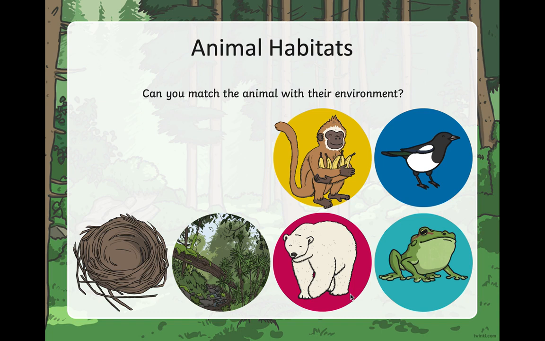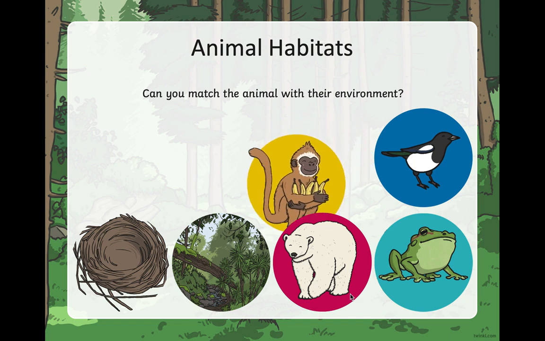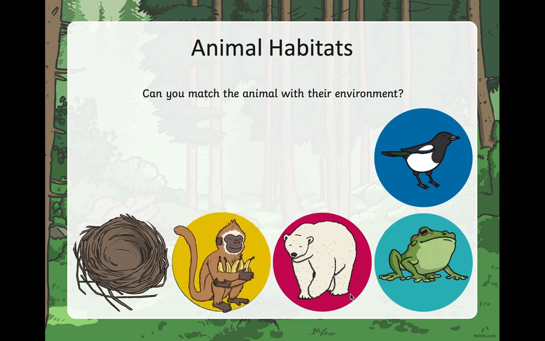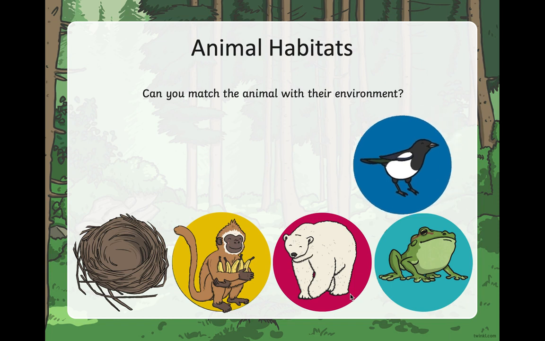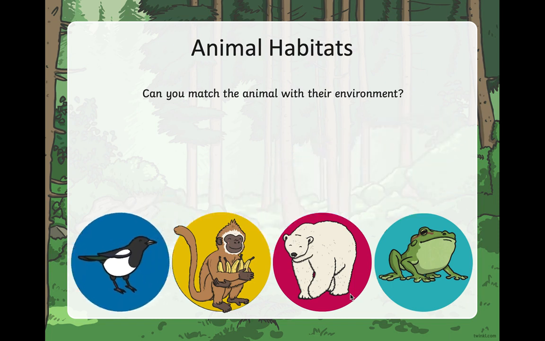It has a thick skin with fur, so it really enjoys really cold weather. Now, a monkey basically lives in a forest where he can find all the bananas he can have, right? And a bird basically needs some type of tree top or branches so they can build their nest, right?